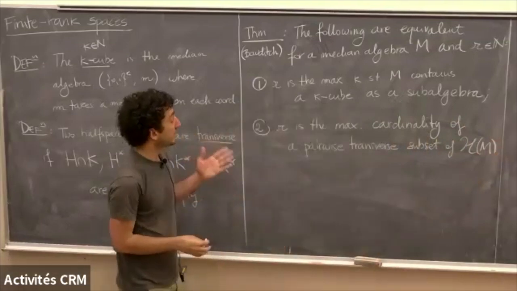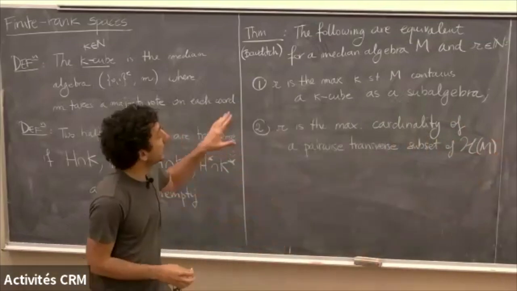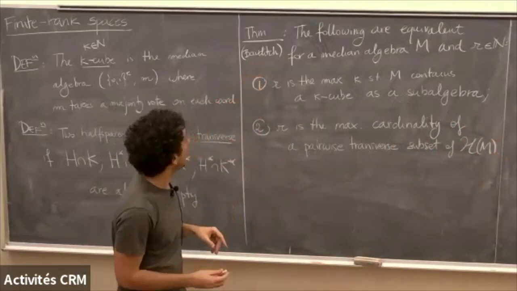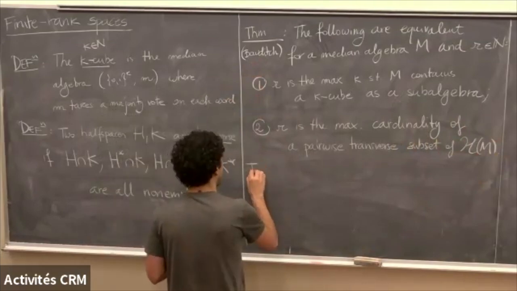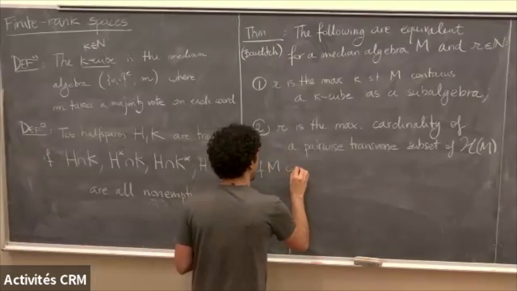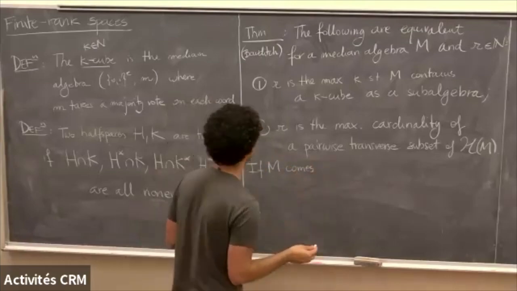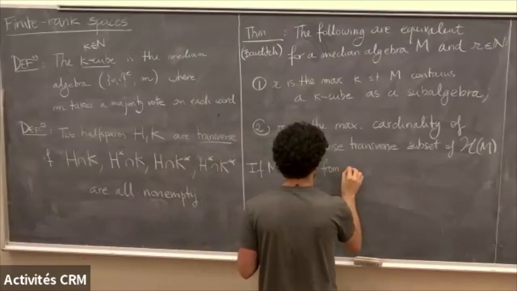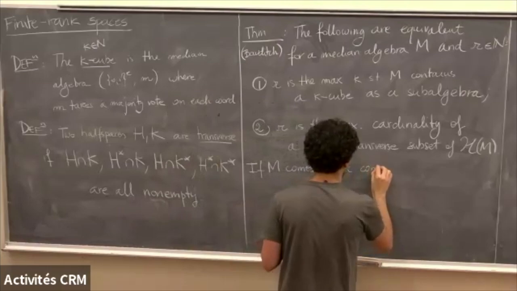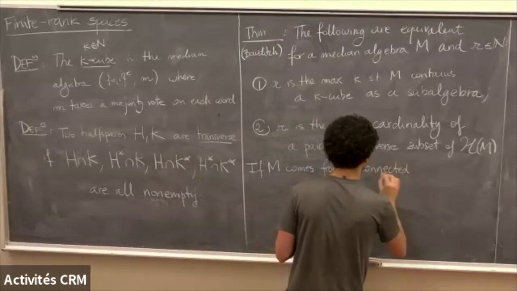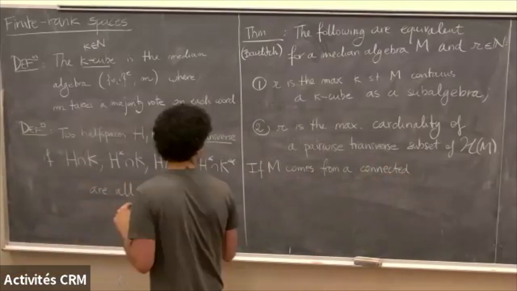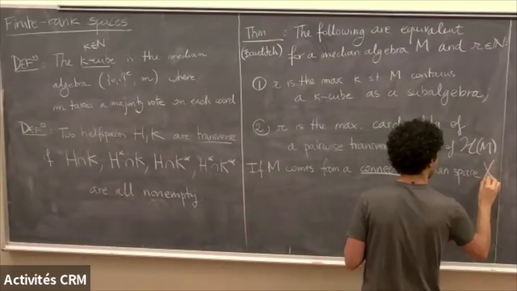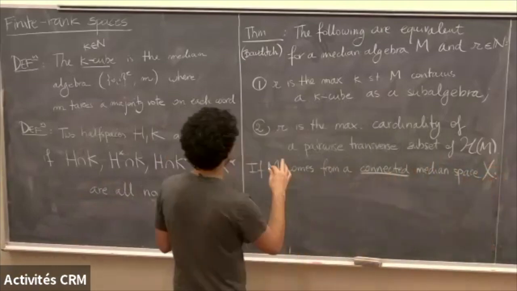There is a third definition in the case that M comes from an actual median metric space. If M is the underlying algebra given by a connected median space X, then this is also equivalent to 3.